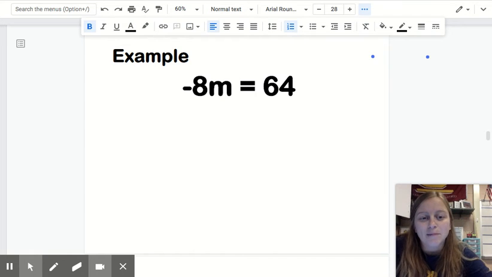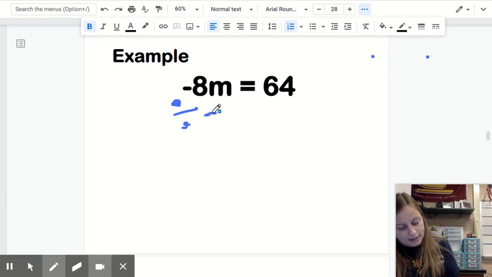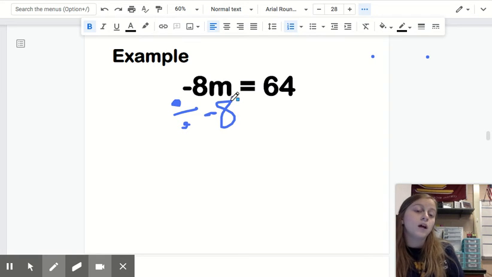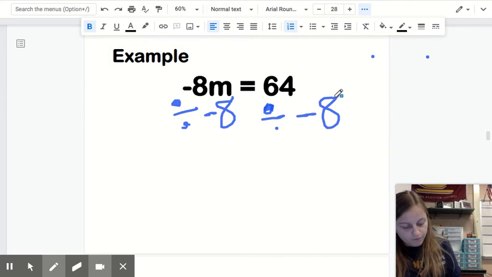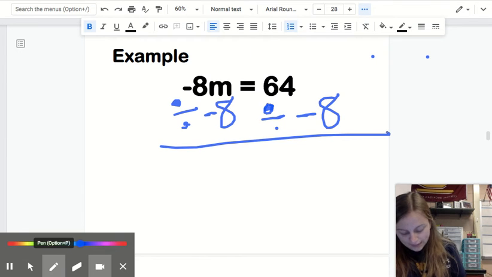So here I'm timesing by a negative 8. How do I get rid of timesing by a negative 8? Well, I do the inverse, or the opposite. Instead of timesing a negative 8, I divide by a negative 8. And if I do it on one side, I have to do it on the other. So these 8's over here cancel each other out.